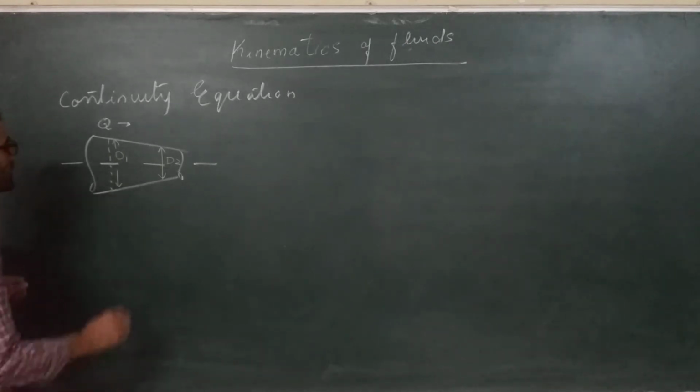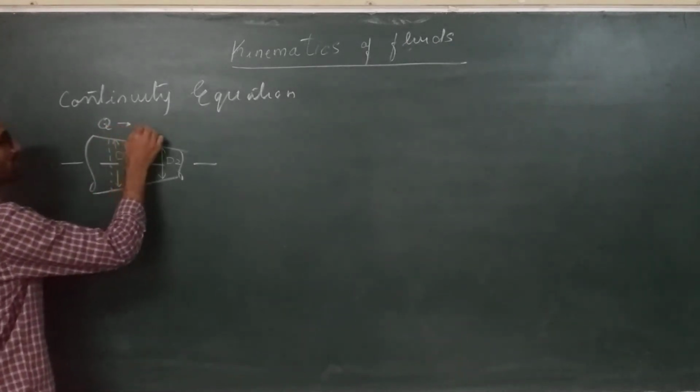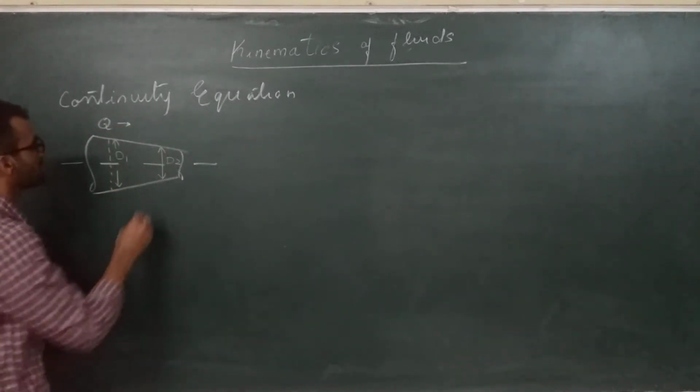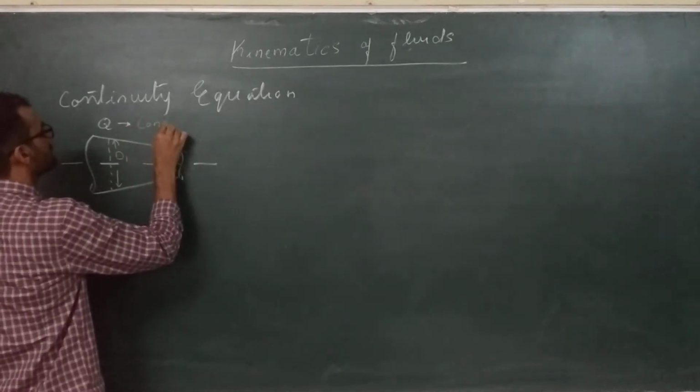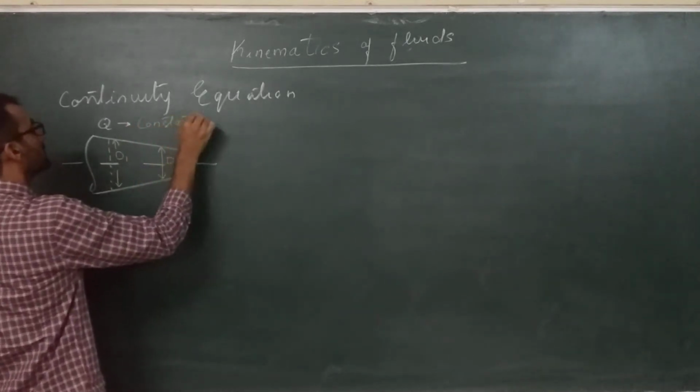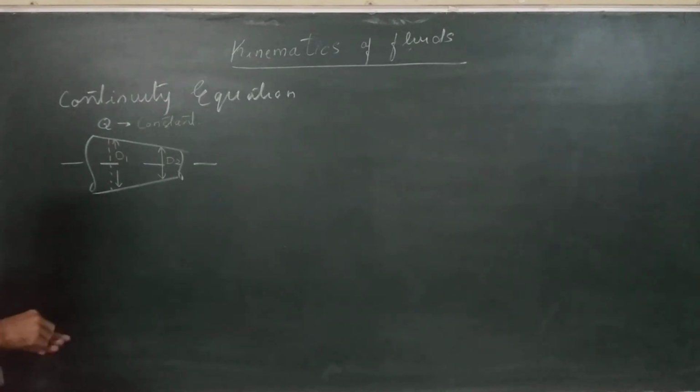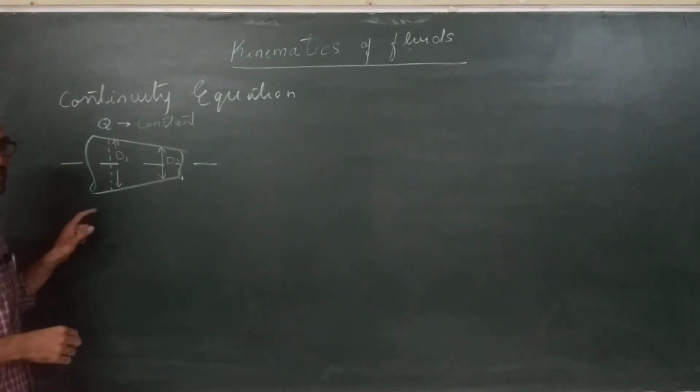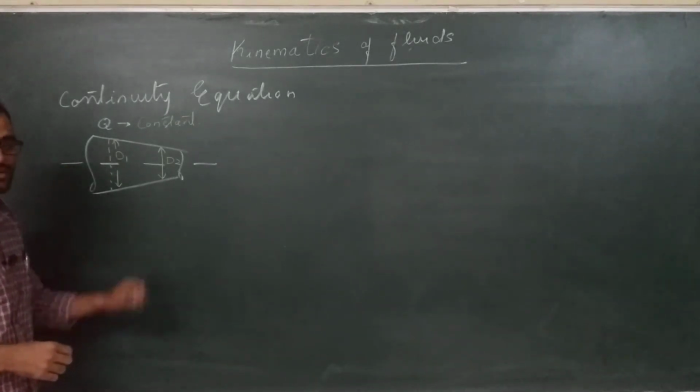Now, Q is constant. Q is the volume flow rate which we saw right now, and Q is constant. Now, how to apply the continuity equation here in this situation? What will be the continuity equation?